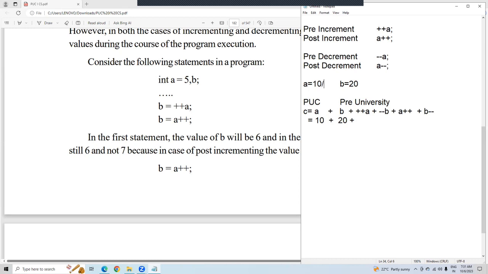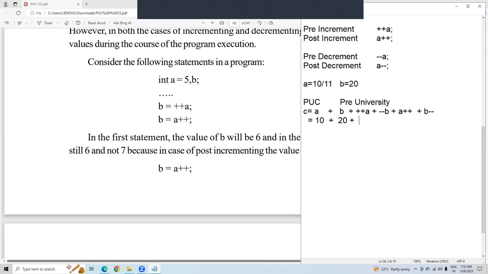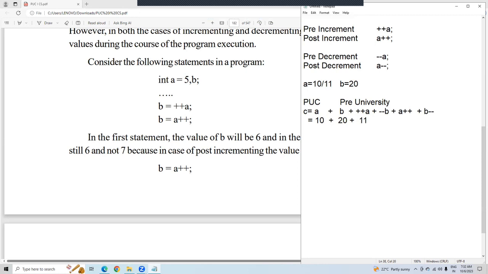That is, 10 will become 11. It was 10, but because of plus plus a here, pre-increment, the value of a, which was 10, got incremented by 1. So now it is 11. After incrementing, that incremented value has to be substituted here.